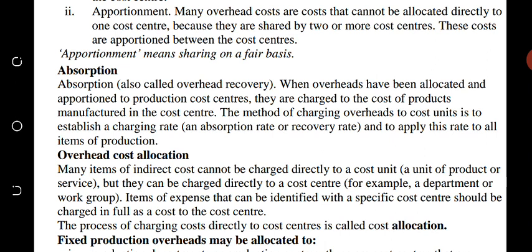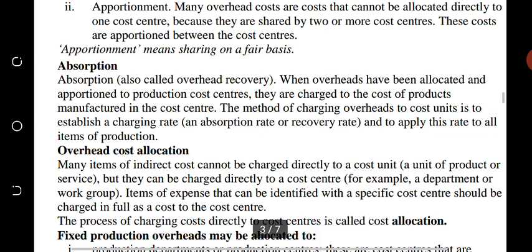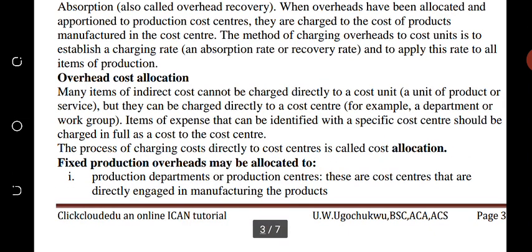The method of charging overhead to cost units is to establish a charging rate, which is the absorption rate, the same thing as our fixed production absorption rate, and to apply this rate to all items of production. You will understand this apportionment and absorption in the illustration that we are going to give.